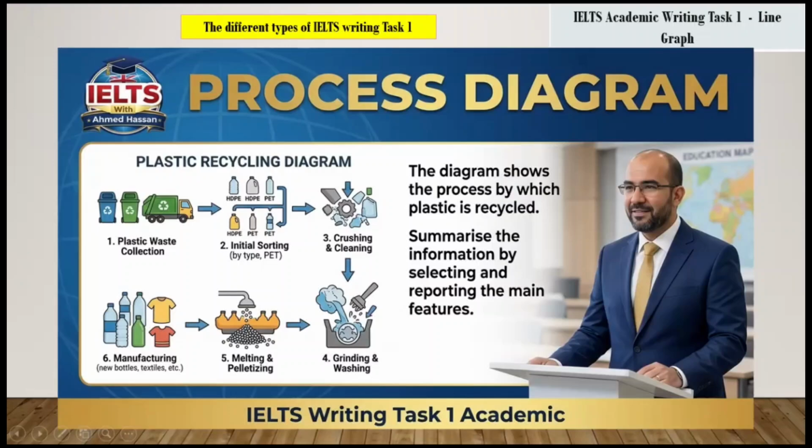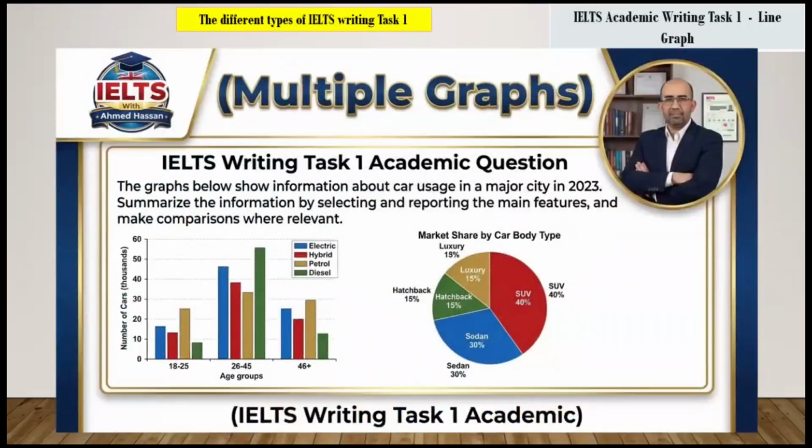How plastic is recycled, you should express and describe. Lastly, you may face multiple graphs. What is the meaning of multiple graphs? It means you will have 2 or 3 graphs.